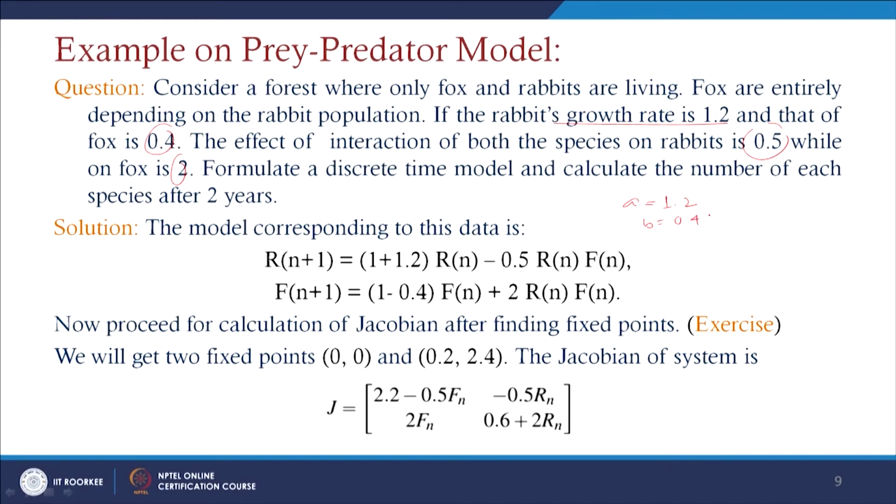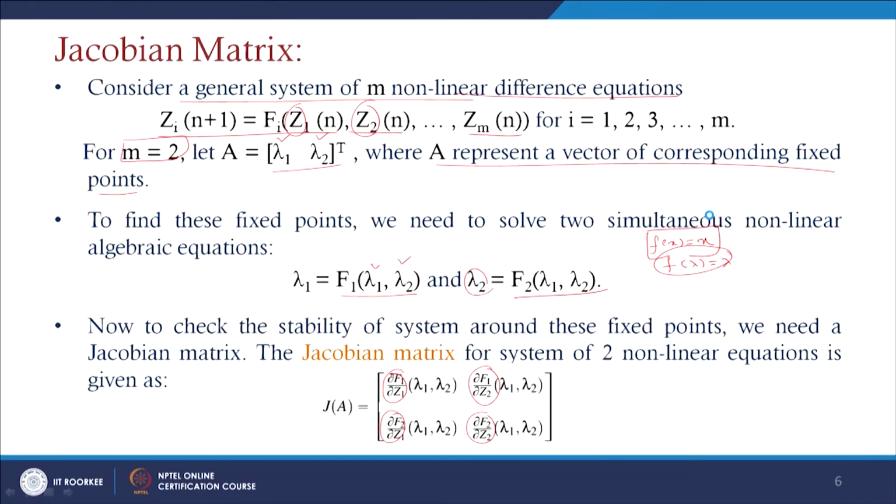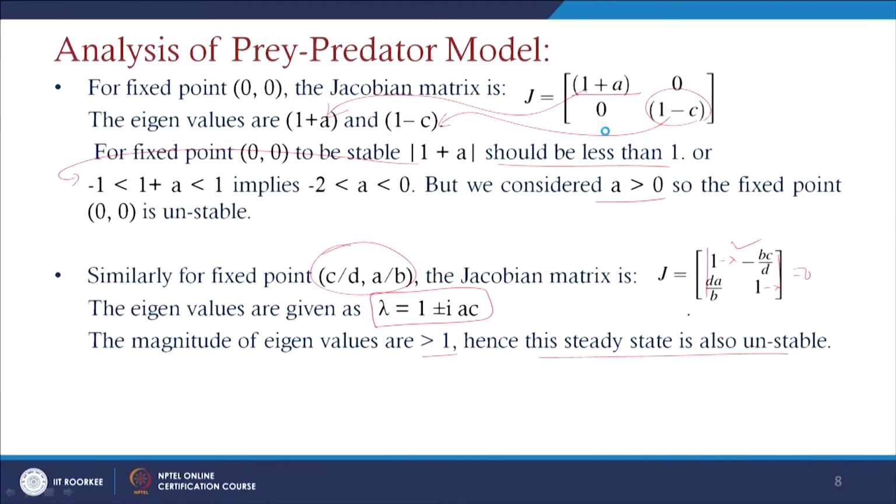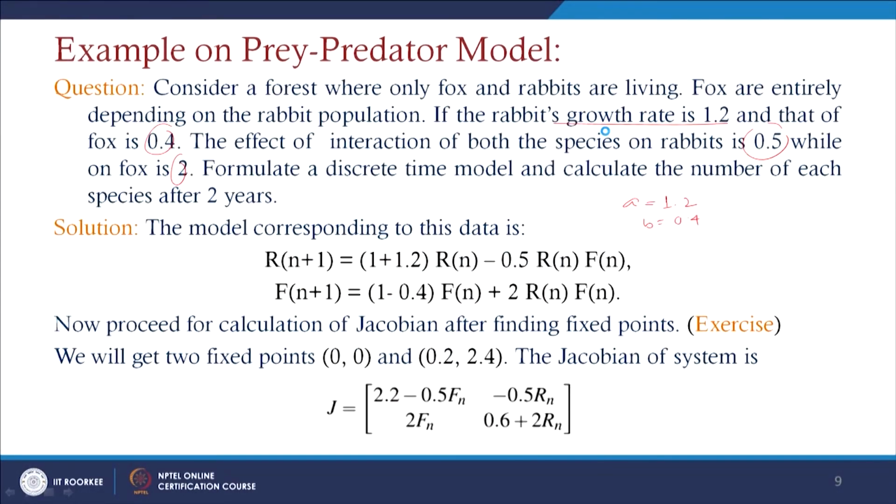Then there is the decline due to the presence of both these species, so C equals 0.5 and D equals 2.